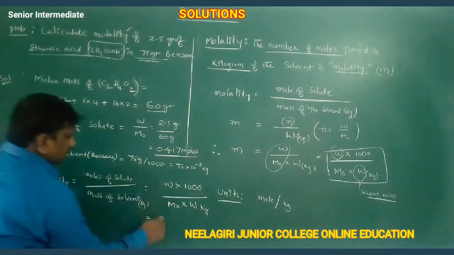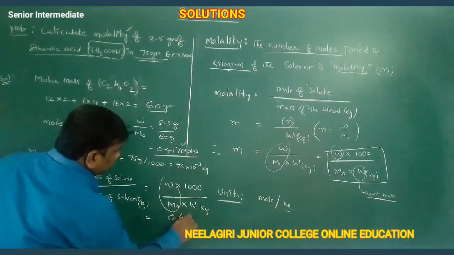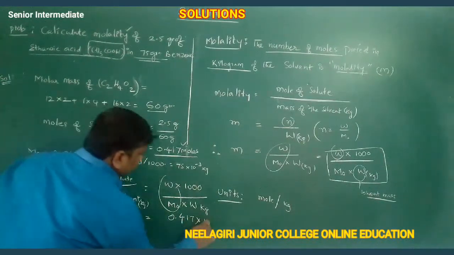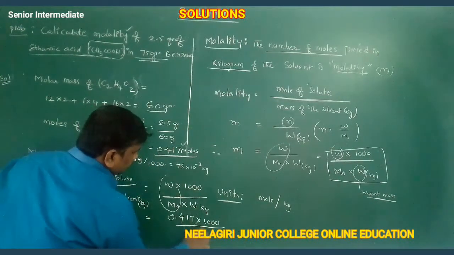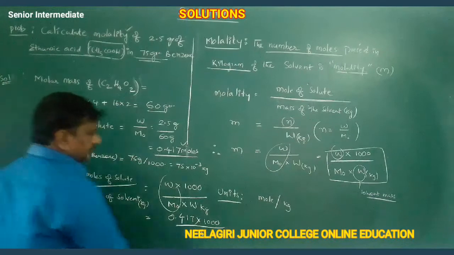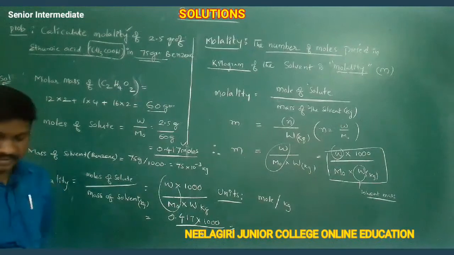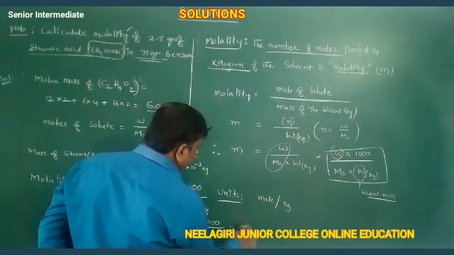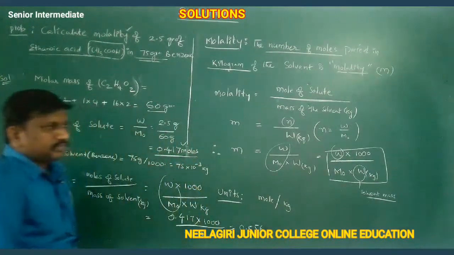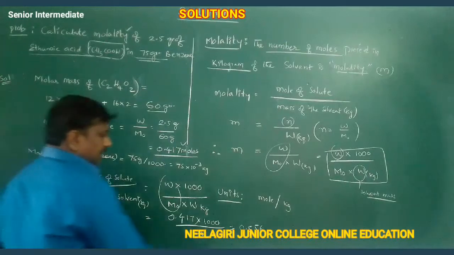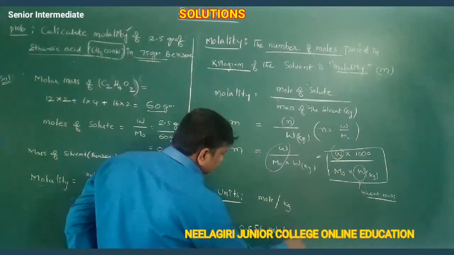Now that will be 0.417 into 1000 by 75 kg. So what is the final answer? 0.556 moles per kg. So this is the answer.